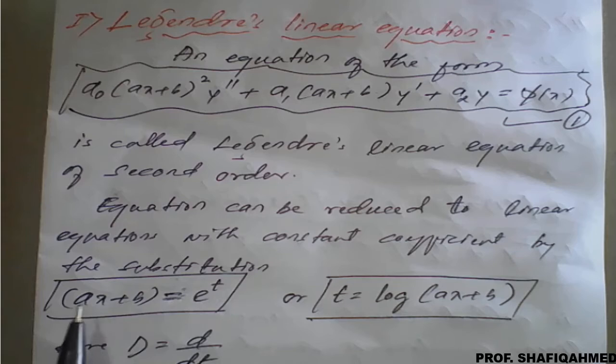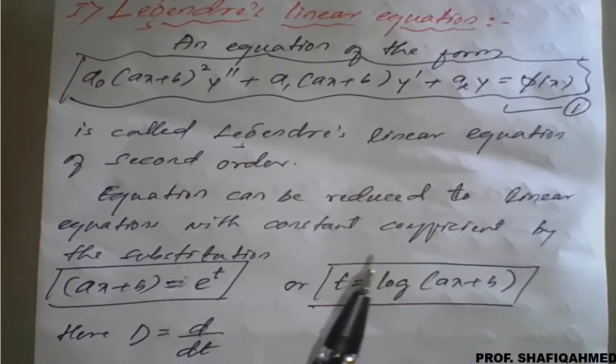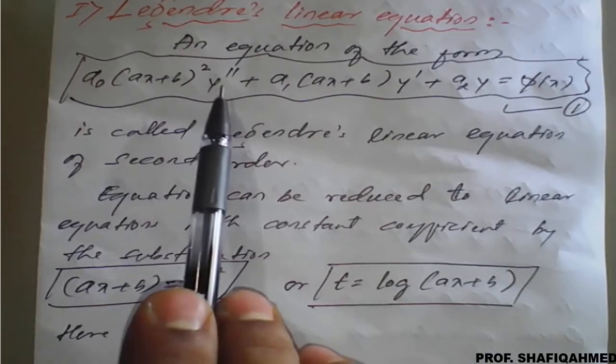Remember, ax+b = e^t is the first substitution. If you shift the e to the right-hand side, it becomes log, so t is nothing but log of (ax+b). So remember these substitutions: ax+b = e^t and t = log(ax+b).